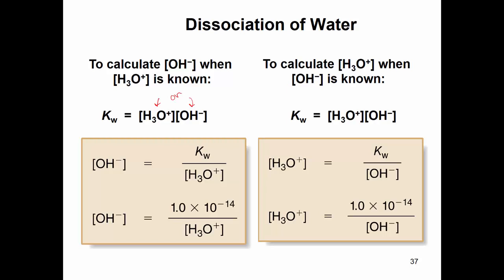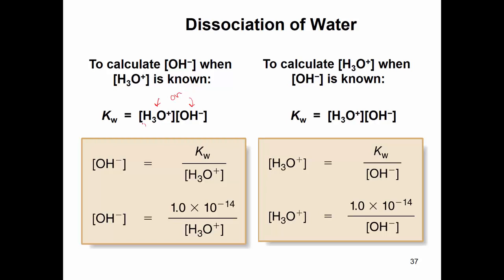So here, if we wanted to find the hydroxide concentration of a solution that's not just water in this situation, then we're going to take Kw, which we know, and we're going to divide it by what we know.